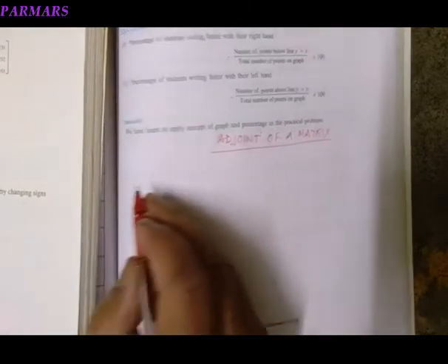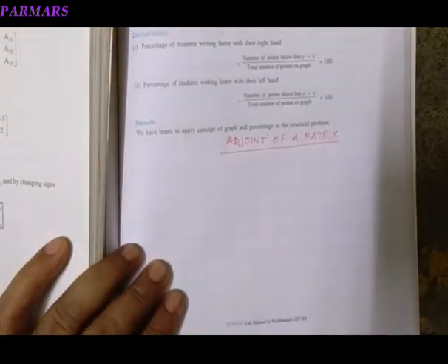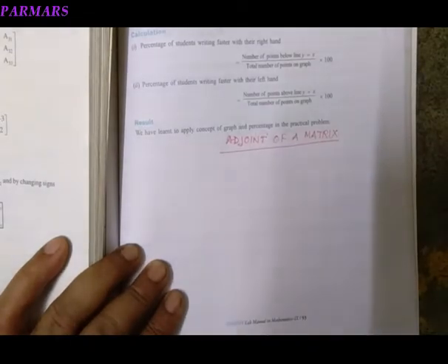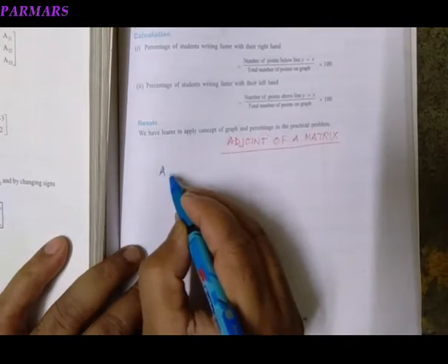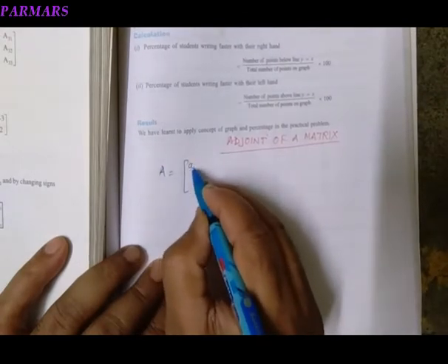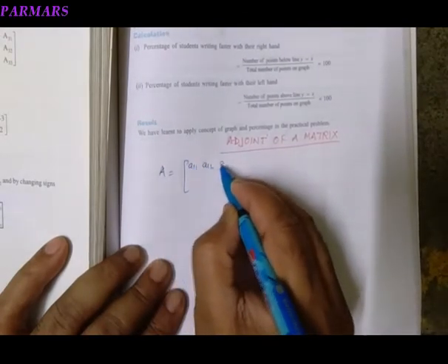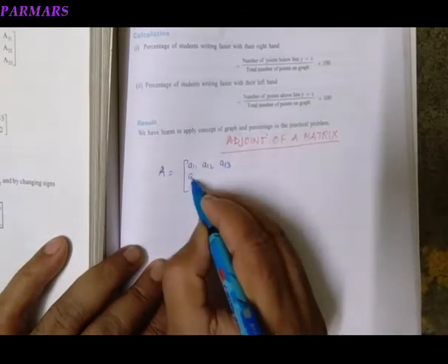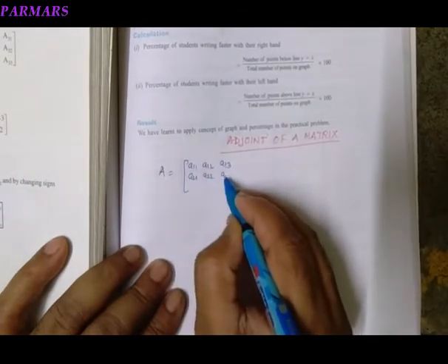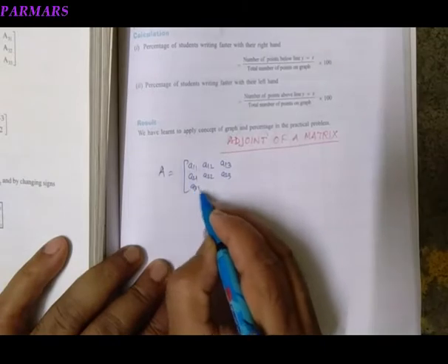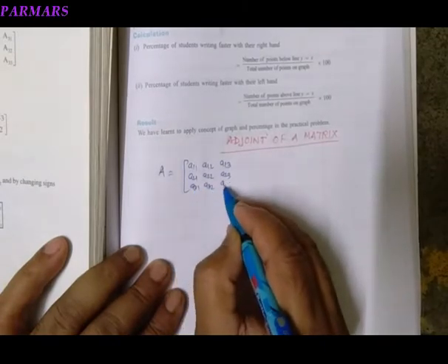So what is the adjoint? Suppose, again, since our syllabus is of order 3, we concentrate on order 3 only. Suppose there is a matrix of order 3: a11, a12, a13, a21, a22, a23, a31, a32, a33.